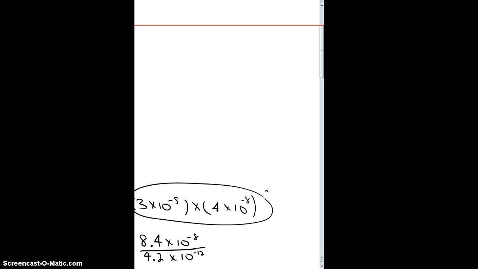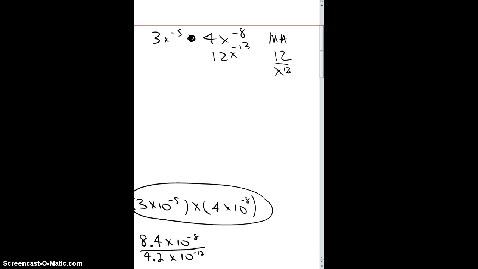This should remind you of multiplying something like 3x to the negative 5th times 4x to the negative 8th. Numbers are normal, you get 12x, and where you're multiplying, the trick is you can add exponents. Negative 5 plus negative 8 is negative 13, is that right? And then, of course, negative exponents mean to reciprocate, so we put the x to the 13th down there.